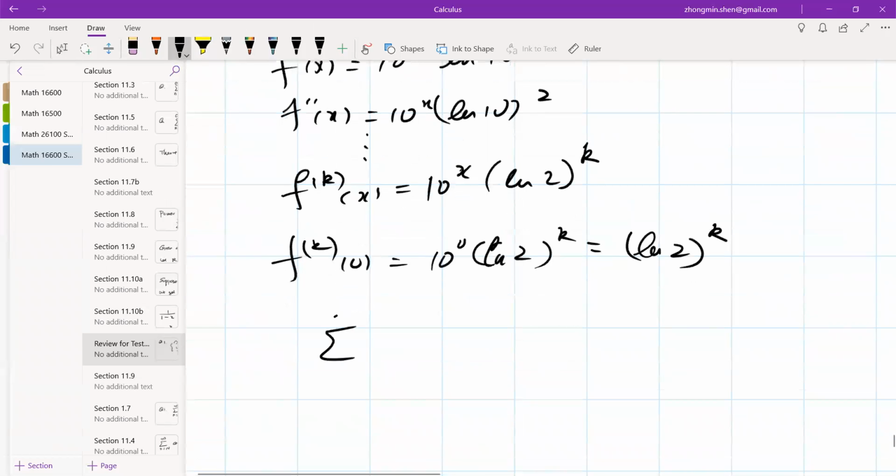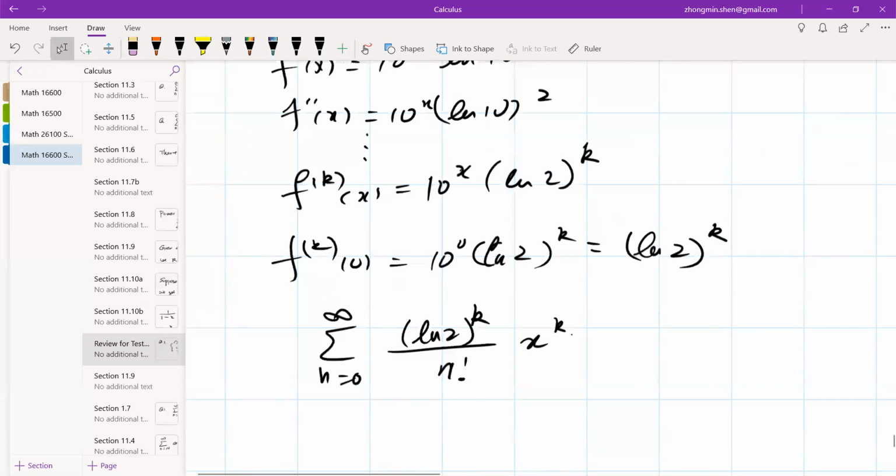So the Maclaurin series is going to be the sum of (natural log 10) to the power k over k factorial times x to the power k. But we don't know this is going to be equal to the function.